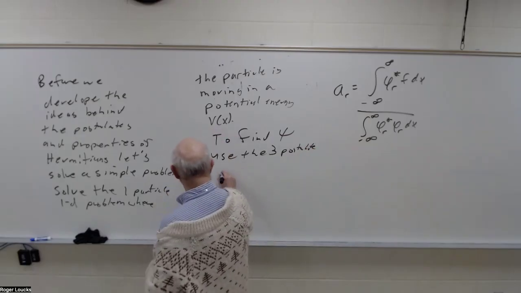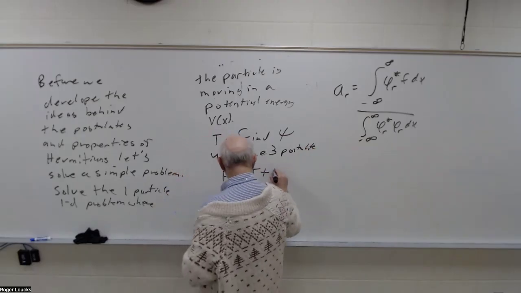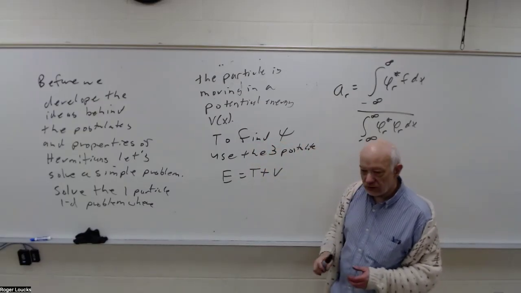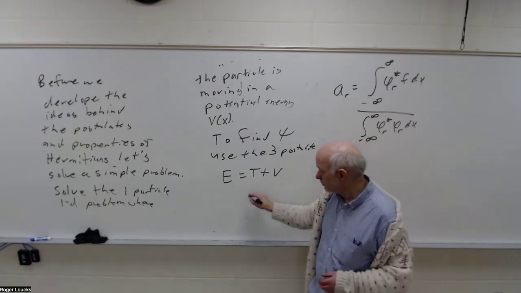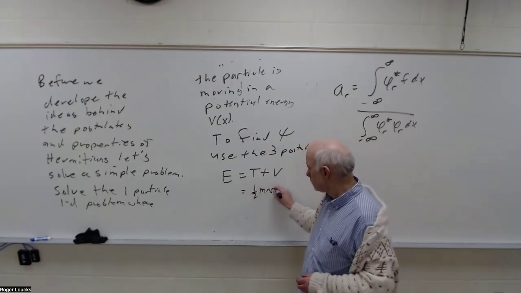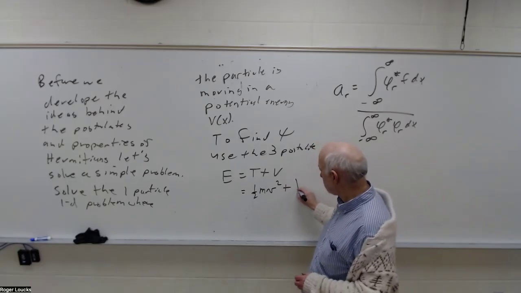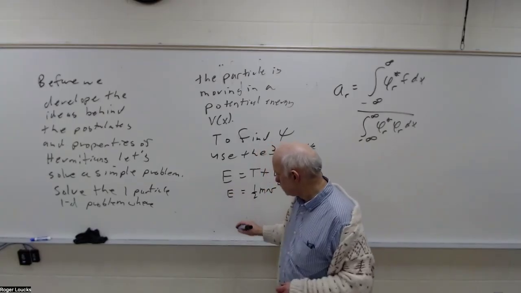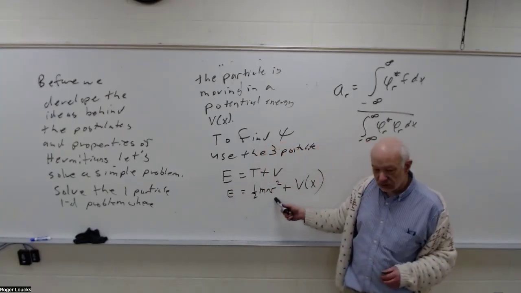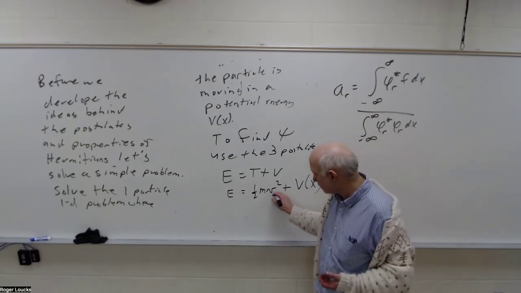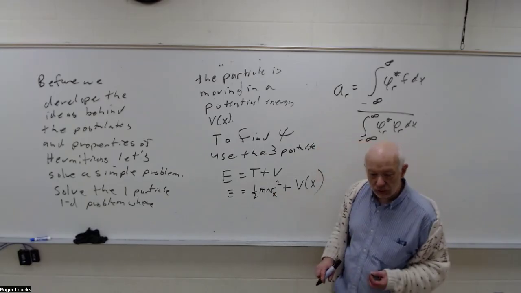Okay. You're going to say energy equals kinetic plus potential. What is our T? One half m v squared. And our potential here is only a function of position. Now we can't leave our T like this because we have to write it in terms of momentum. I put a little x here because it's a velocity, just an extraction. We just have one dimension.